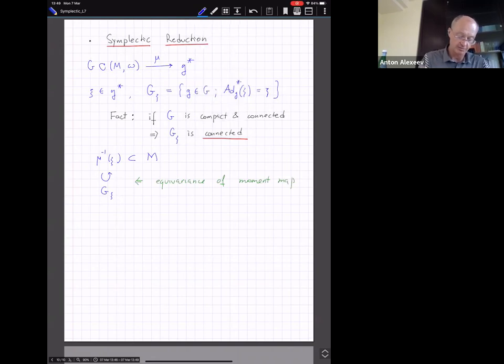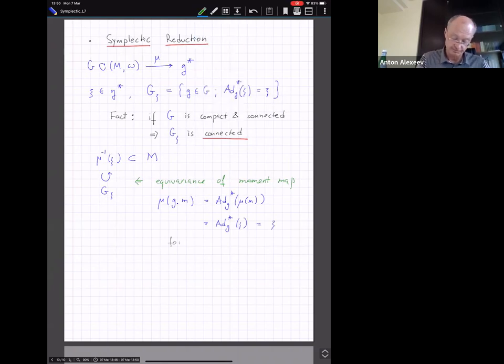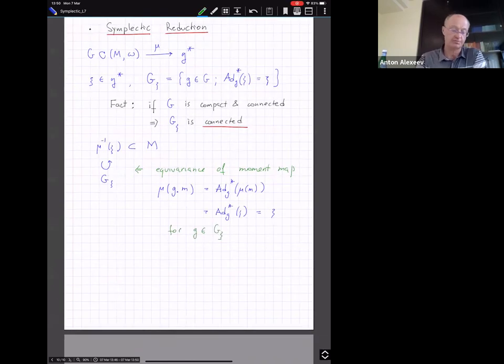The moment map is equivariant, and so mu of g m is adjoint g star of mu of m, and this is equal to psi for g in the stabilizer, right? So we have an action of G psi.